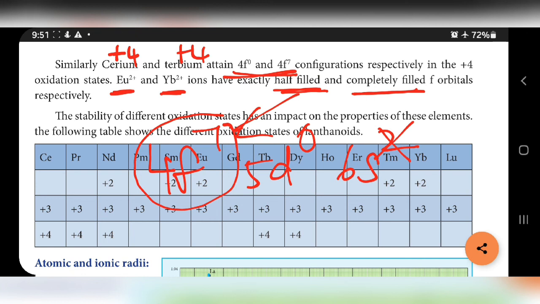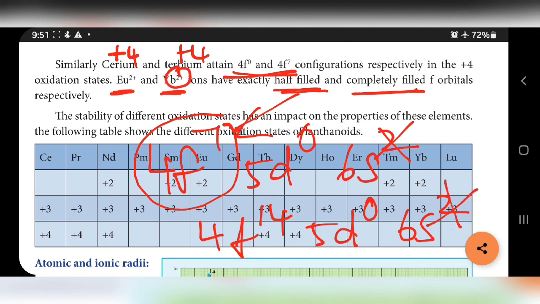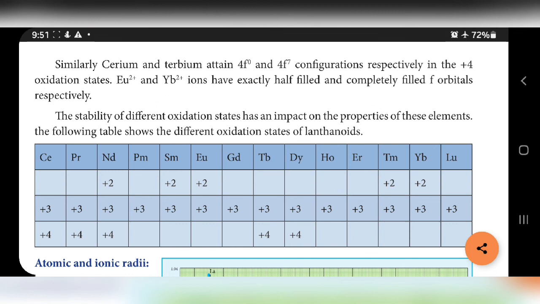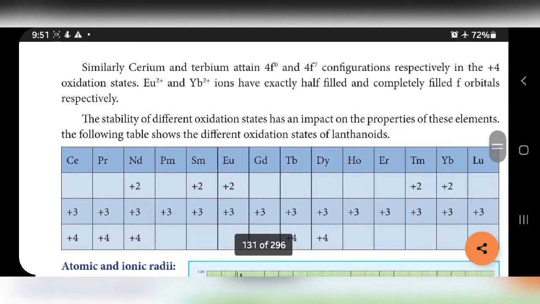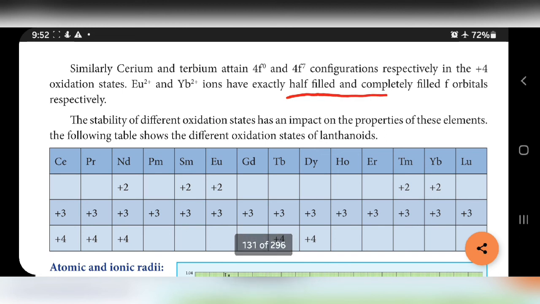Like that, for ytterbium the electronic configuration is 4f14 5d0 6s2. For ytterbium 2+, 2 electrons need to be removed, so the remaining configuration is 4f14, that is completely filled. So europium 2+ and ytterbium 2+ ions have exactly half filled and completely filled f orbitals. So the stability of different oxidation states has an impact on the properties of these elements.